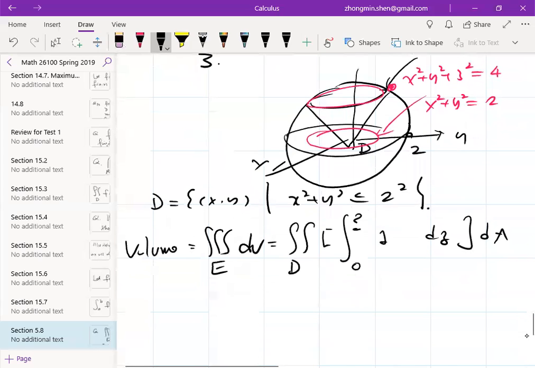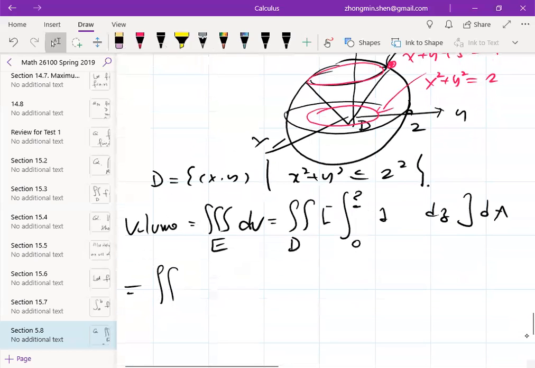So what I'm going to do is separate this region D into two parts. The first part I simply describe as x squared plus y squared less than or equal to 2. In that case, the integral is from 0 to the square root of x squared plus y squared, dz.